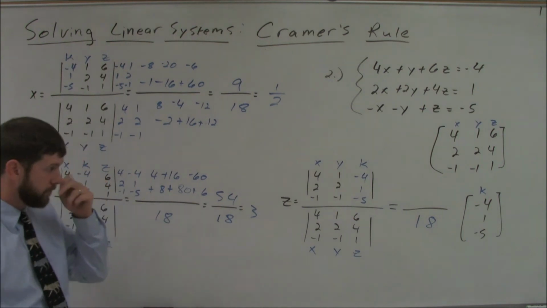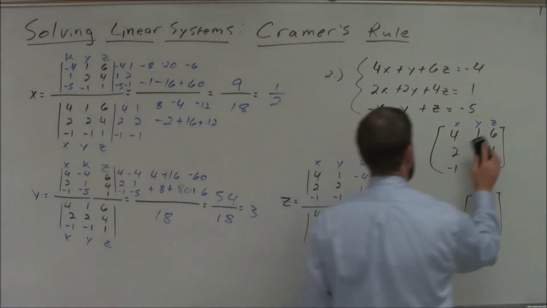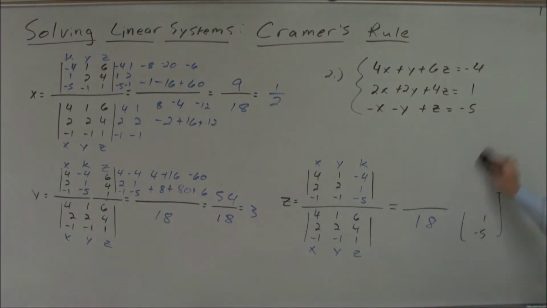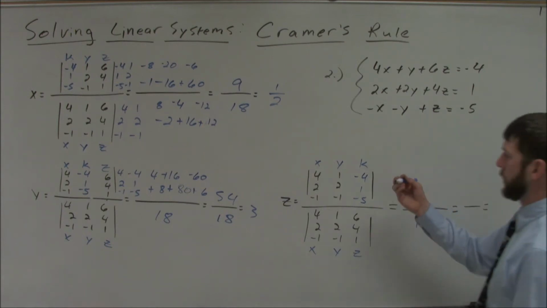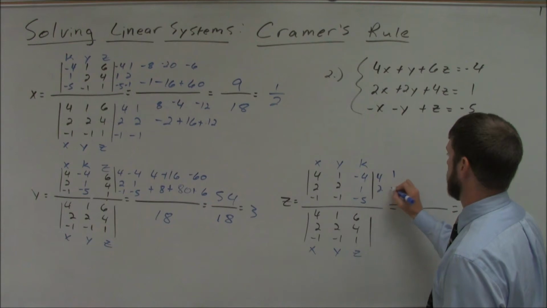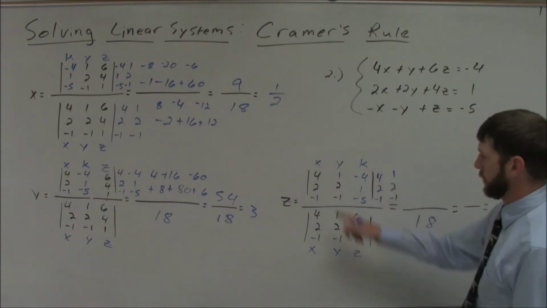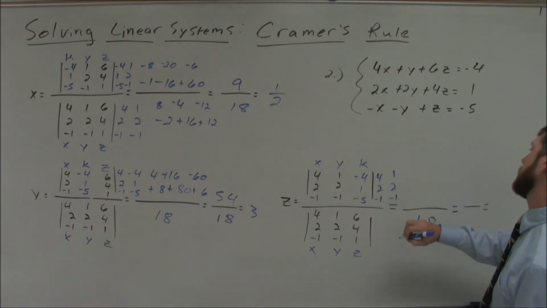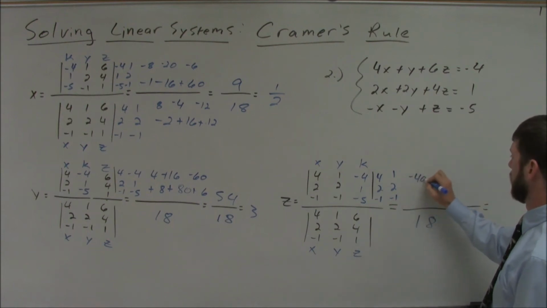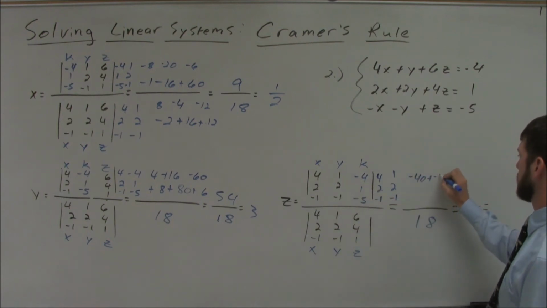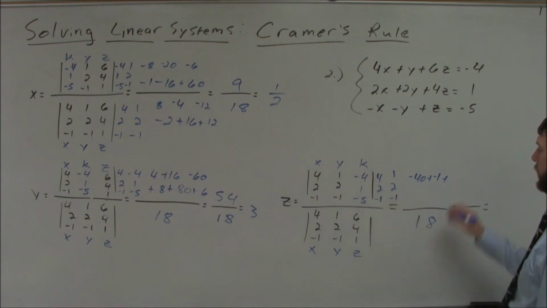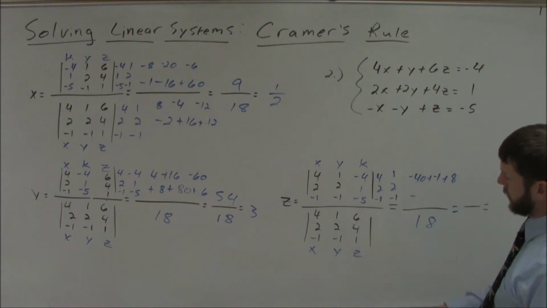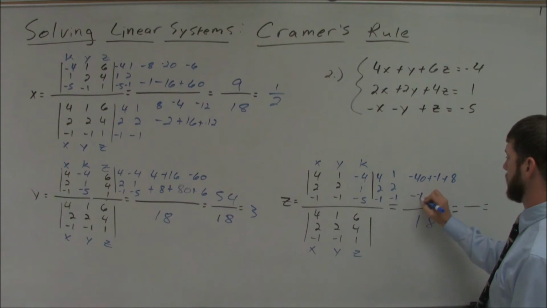For z, let's go through and do it. Rewrite first two. 4, 1, 2, 2, negative 1, negative 1. 4, 2, negative 5 is negative 40. Plus 1, 1, negative 1 is negative 1. Plus negative 4, 2, negative 1 is 8. Minus the right-handed ones. 1, 2, negative 5 is negative 10.